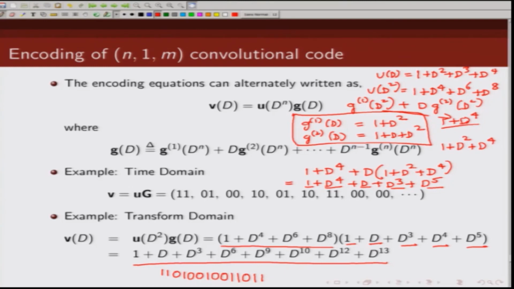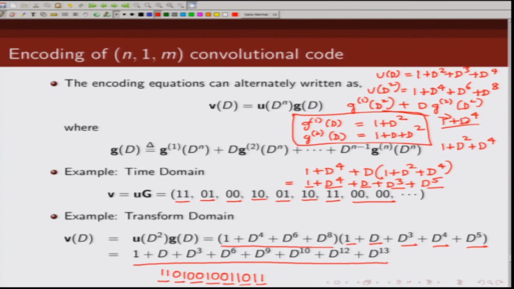Now, compare with what we got in the time domain: 1 1 1 1, 0 1 0 1, 0 0 0 0, 1 0 1 0, 0 1 0 1. You can see we are getting the same sequence, and the rest are all zeros.